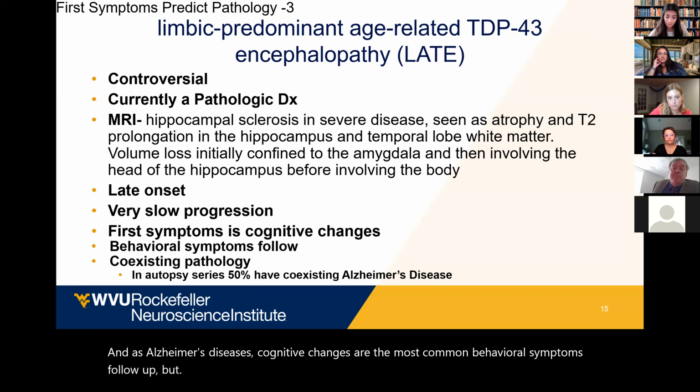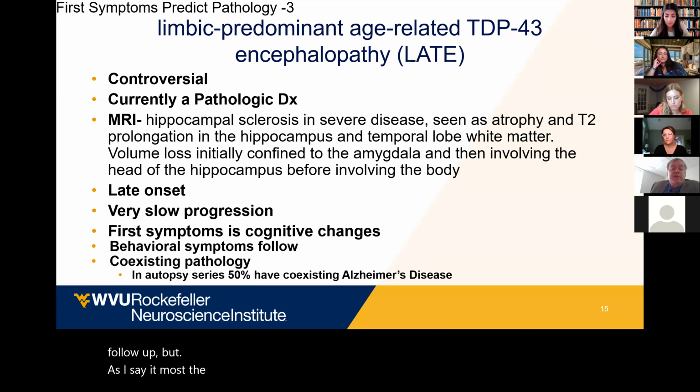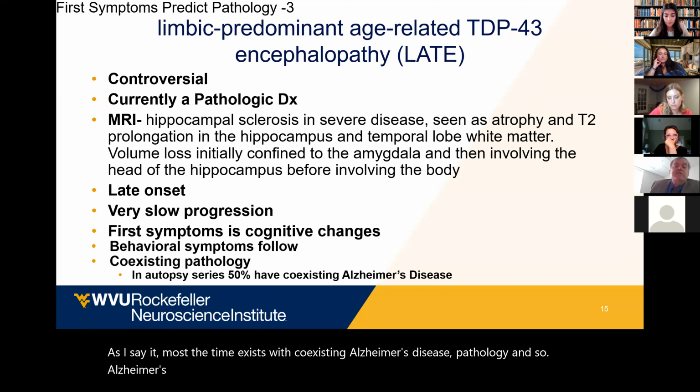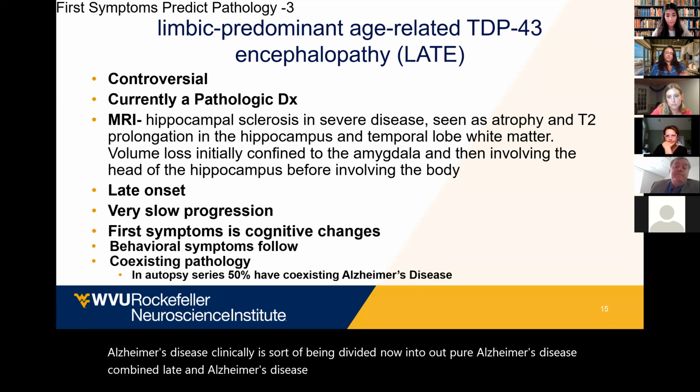As I say, most of the time it exists with coexisting Alzheimer's disease pathology. And so Alzheimer's disease clinically is now being divided into pure Alzheimer's disease, combined LATE and Alzheimer's disease, and LATE alone.